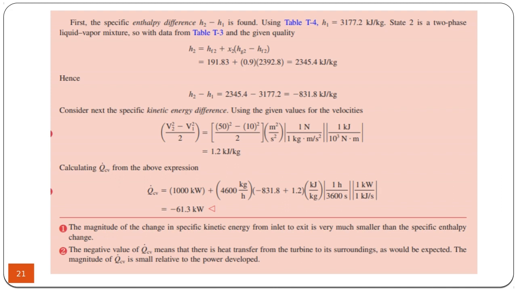So the enthalpy for the exit is HF2 plus X2 times the difference of the gas enthalpy minus liquid enthalpy. Remember that we had a general equation: a general property is equal to the property of the fluid plus the quality of the steam times the property of the gas minus the property of the fluid.